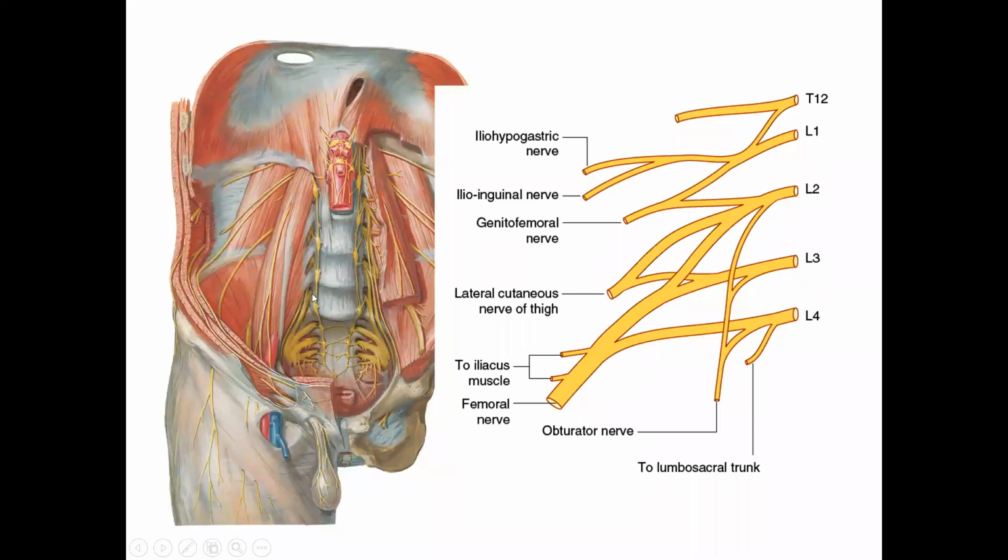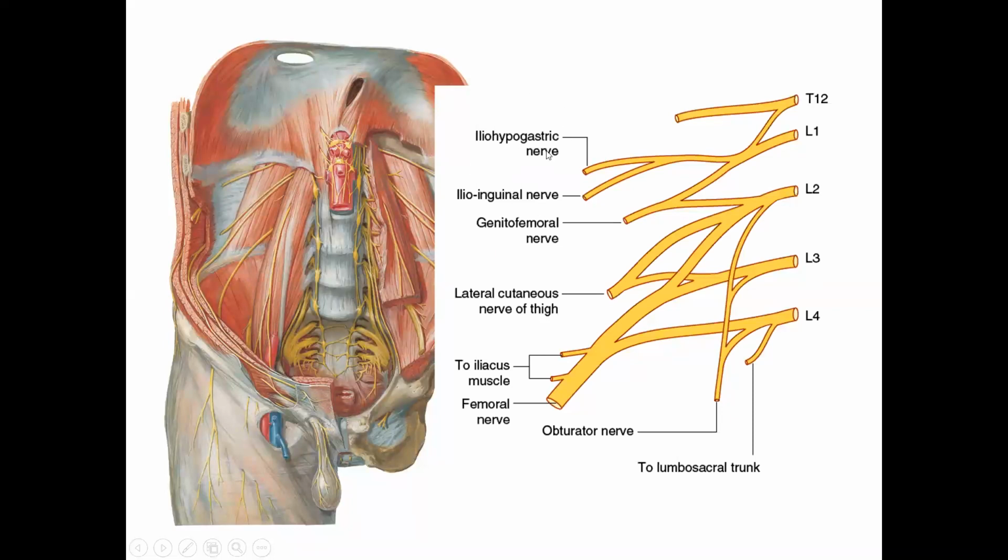Here we are seeing the obturator nerve, and L4, L5 joining to form the sacral plexus. All the lateral branches, iliohypogastric, subcostal, ilioinguinal, lateral cutaneous nerve of thigh, and femoral, lie lateral to psoas major, whereas the genitofemoral lies anterior to psoas.